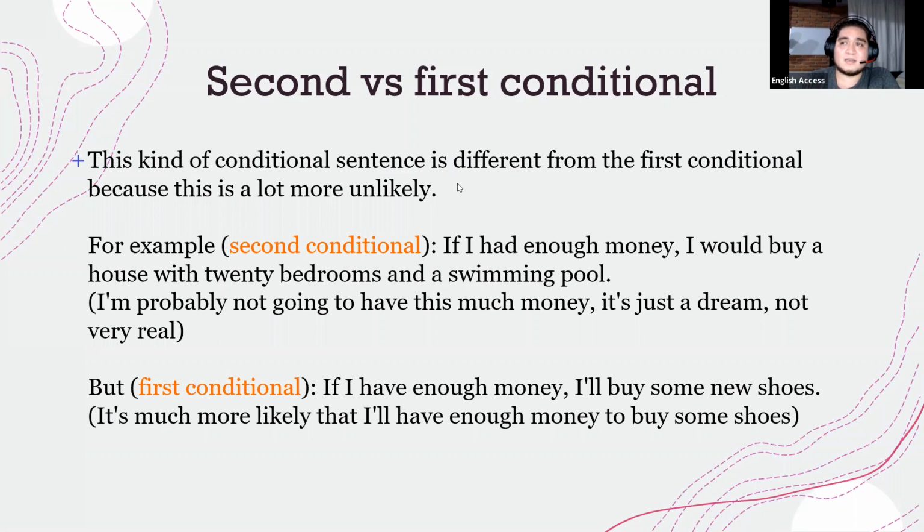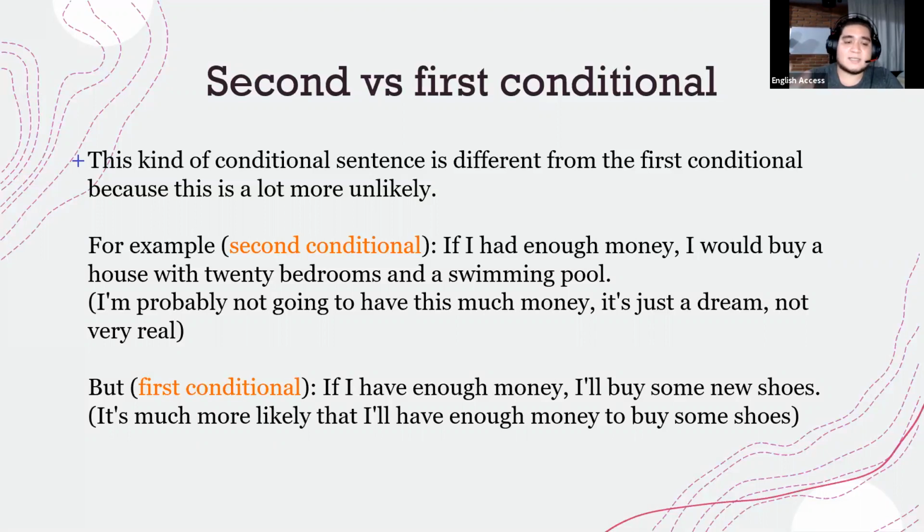In the first conditional, it is more likely that I will not go somewhere if I do not get permission, right? That is something more realistic, let's say. It is hypothetical because it is in the future. However, it is something more likely to happen, right?